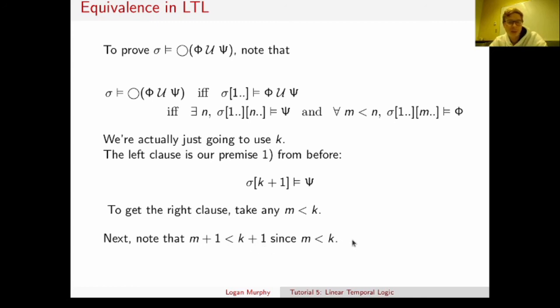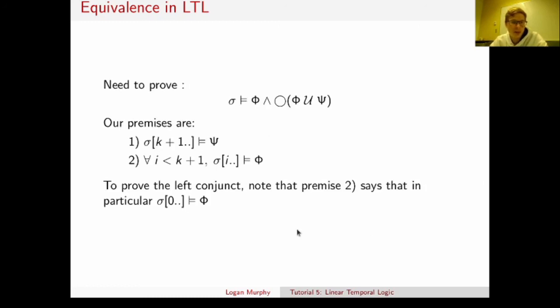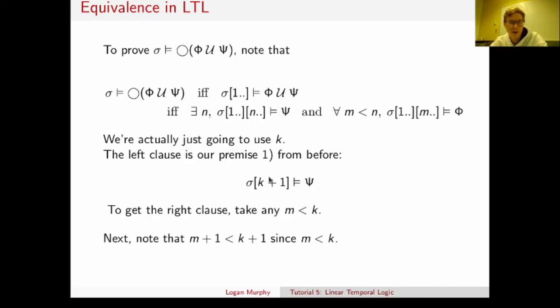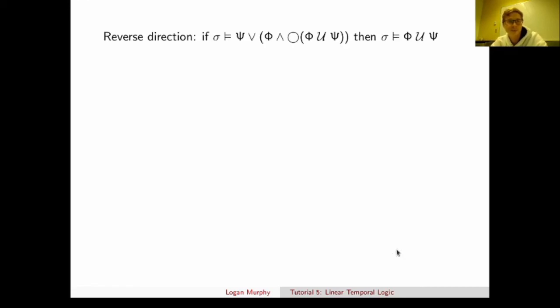But m plus 1 less than k plus 1 was exactly the inequality in our second premise here. So for any m plus 1 less than k plus 1, sigma m plus 1 satisfies phi. Since we have that, we immediately have our second clause here: sigma at m plus 1 satisfies phi.